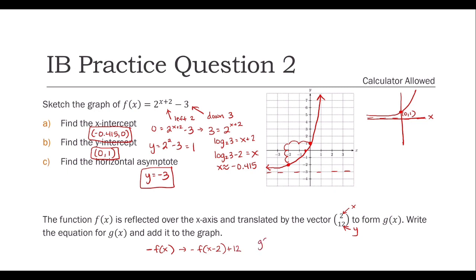So our g of x equals negative f of x, so 2 to the x, and instead of x, we're going to do x minus 2, plus 2 minus 3, plus 12. So this becomes negative 2 to the x plus 3 plus 12, which is negative 2 to the x plus 15. So g of x equals negative 2 to the x plus 15.